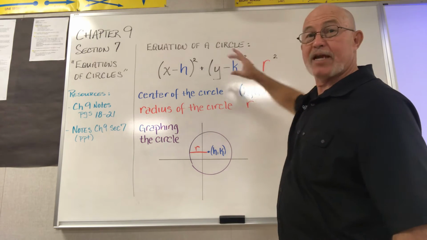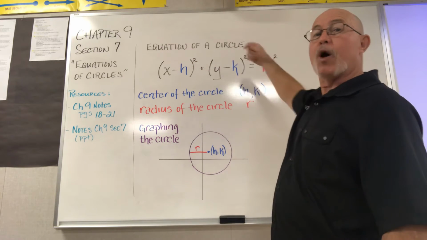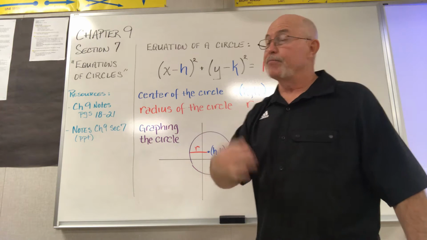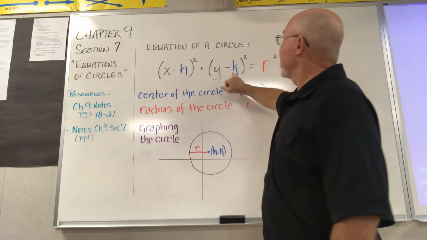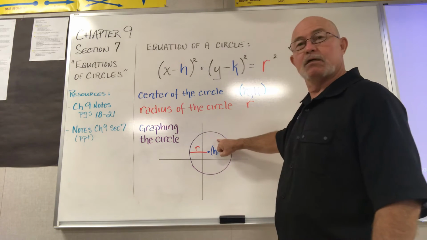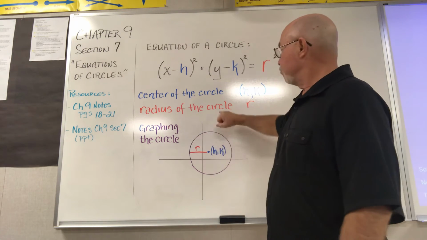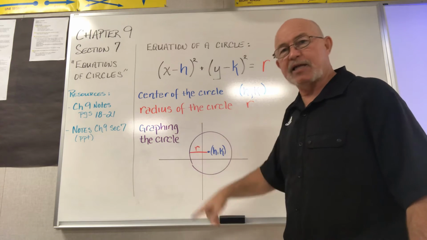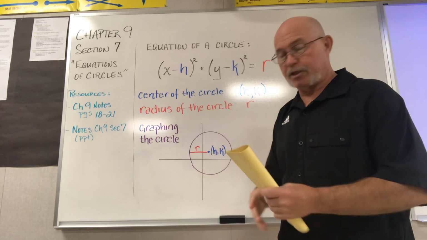First off, the radius is 10. If this was 100, we take the square root, the radius is still 10. Then you would have 5, 8 is the center. So you'd go to 5, 8, make a point, and then put several points which are 10 units away, and connect the dots. That's what you're dealing with.